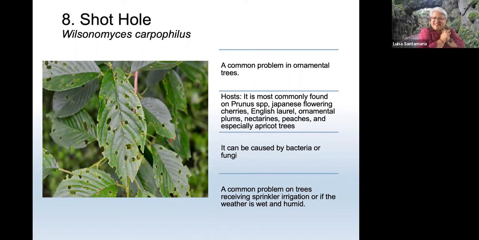That was interesting. This pathogen is identified as a fungus, but I was reading somewhere, I don't remember the source exactly, that it could be caused by a bacteria too.